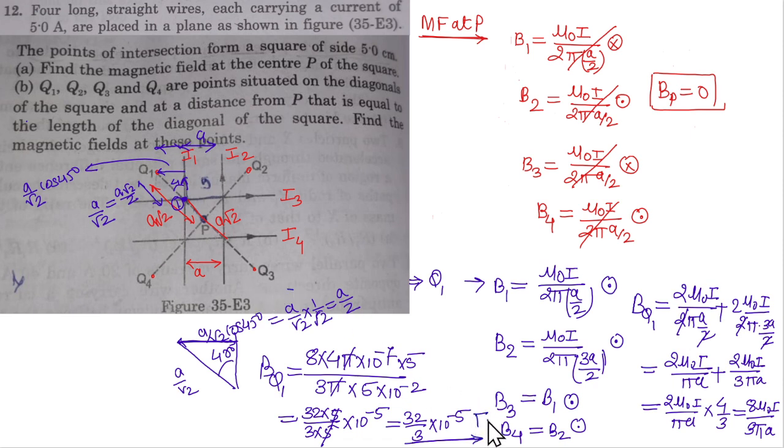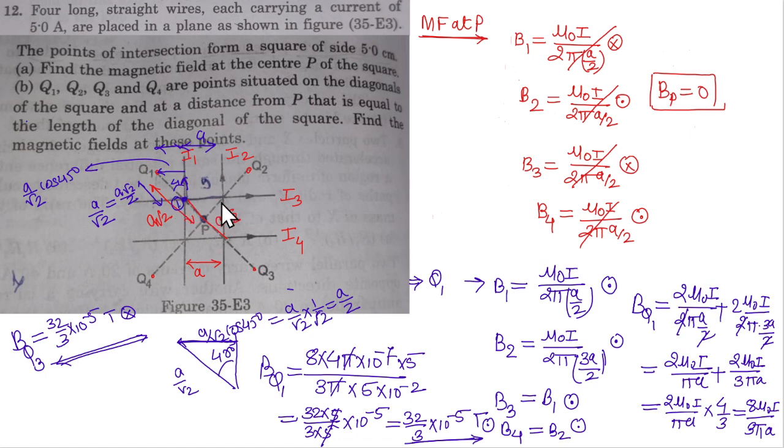So the magnetic field at Q3 is again 32 by 3 into 10 raised to power minus 5, but it is inward, so you can use the cross.